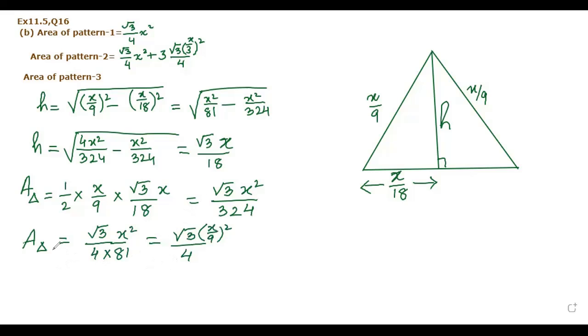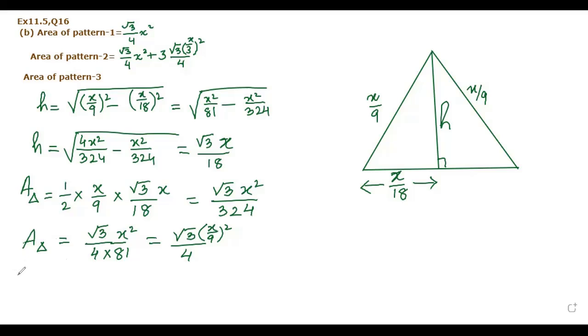Okay, so how many black triangles are there in pattern 3? You can observe in the whole pattern how many black triangles there are. If you count, the black triangles are 12. So there are 12 black triangles, and the area of one triangle is here.